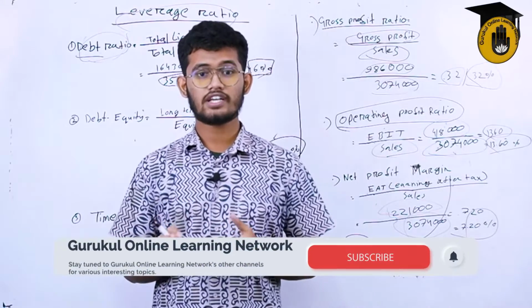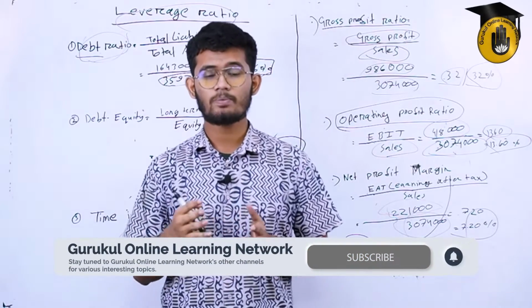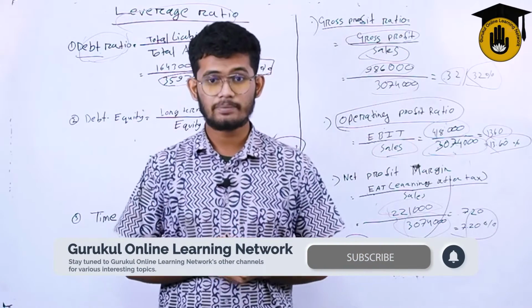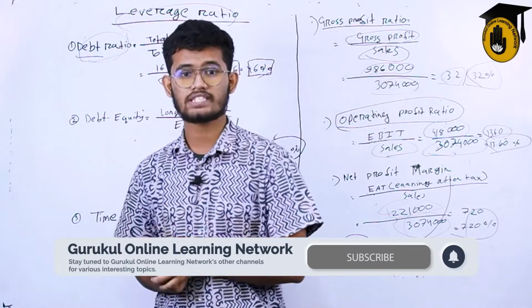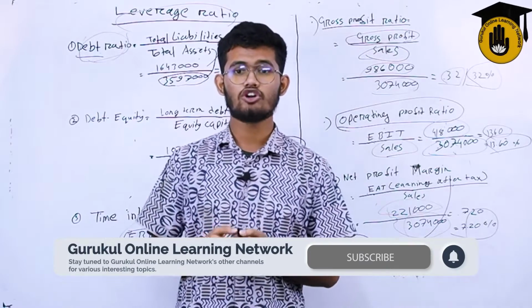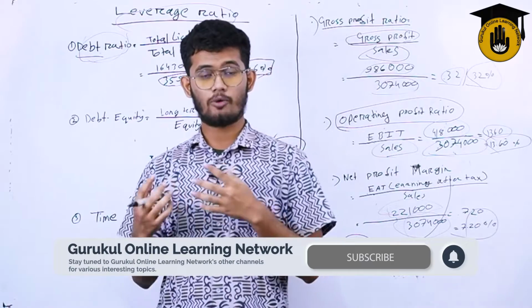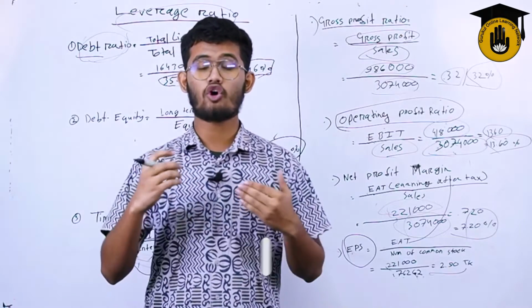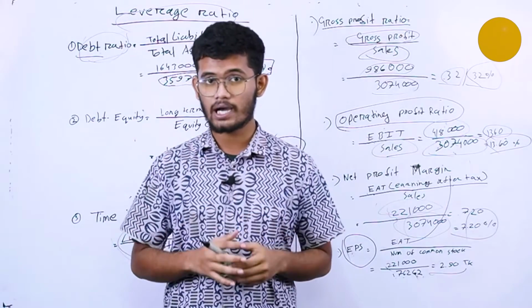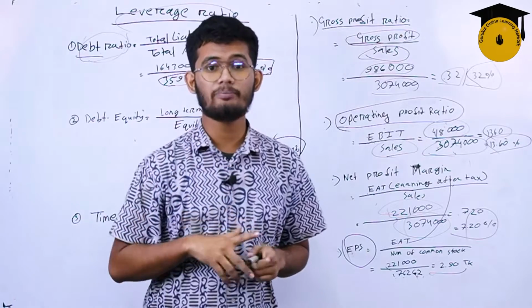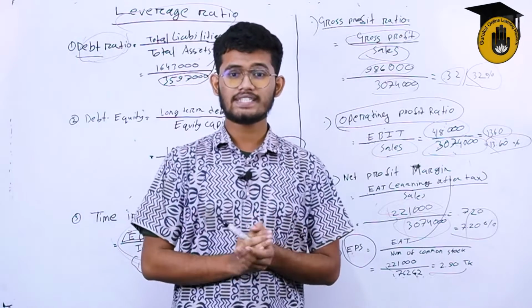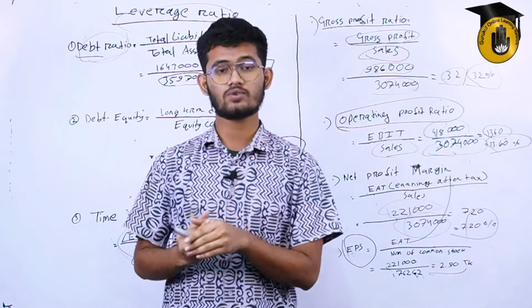If we take a look at the debt equity ratio, it clearly means the relationship between borrowed funds and owner's capital, a popular measure of long-term financial solvency of a firm. Every firm operates for the long term, even a company goes for a very long period of time. That's why they say the relation between borrowed funds and owner's capital.